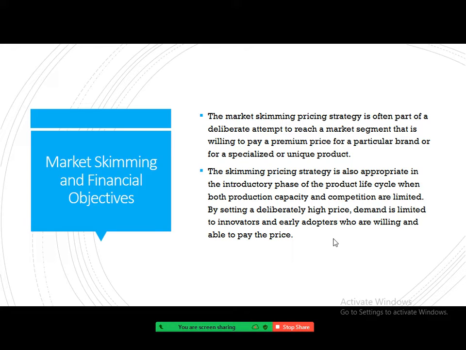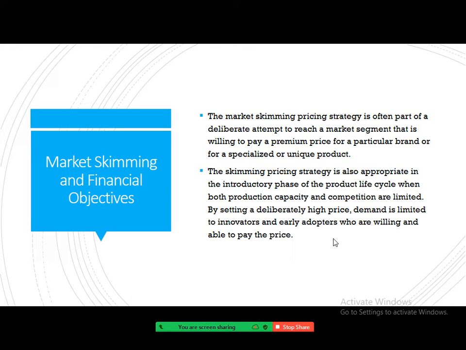When financial criteria such as profit and maintenance of margins are the objectives, then the product must be part of a superior value proposition for buyers. Price is integral to the total positioning strategy.